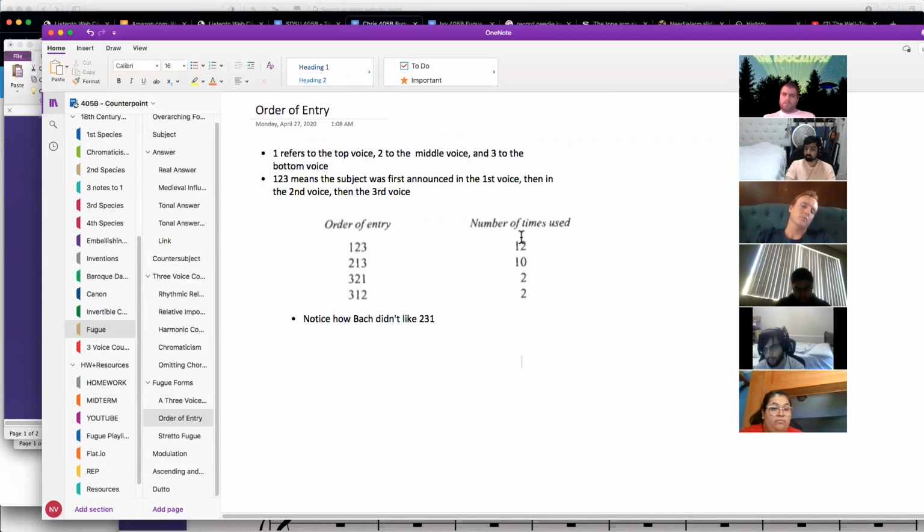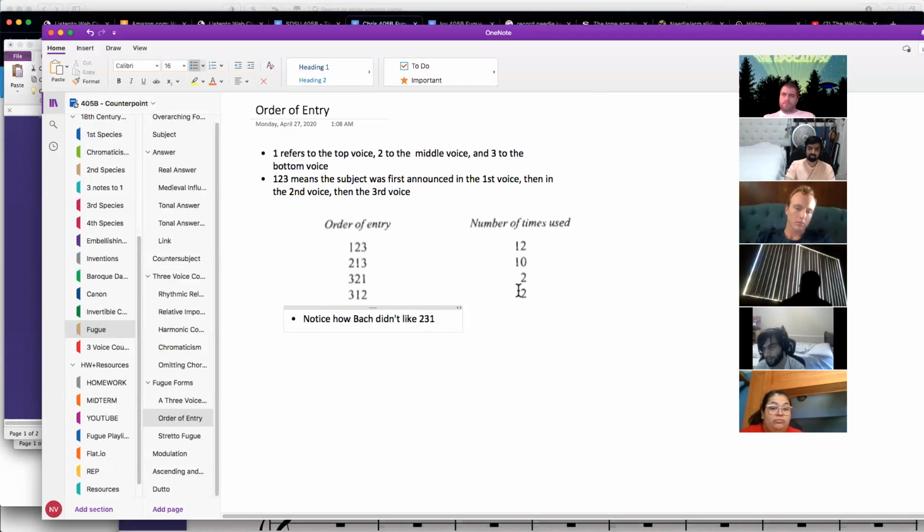And Bach did this the most times. Bach did it so that the statement of the subject was in the middle voice, then the top voice, then the bottom voice this many times. He rarely did these other configurations, and he never did this configuration, where the subject was first in the middle voice, then the bottom voice, then the top voice.